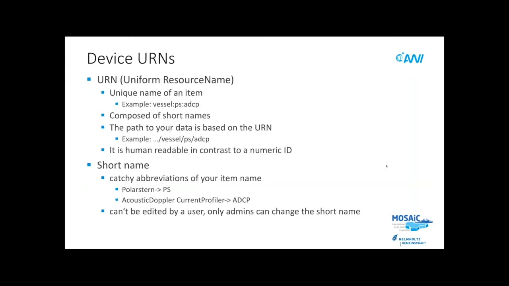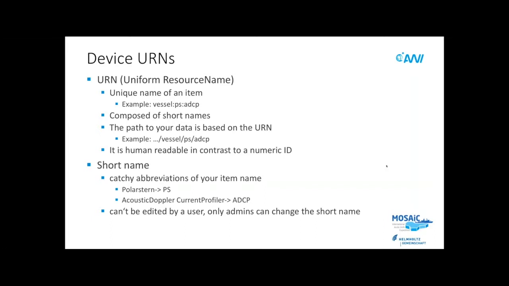The device URL is composed of the short names: vessel, PS, and ADCP. And the path on the MCS is based on this URL. You replace the colon with a slash, and we have a path for your data.